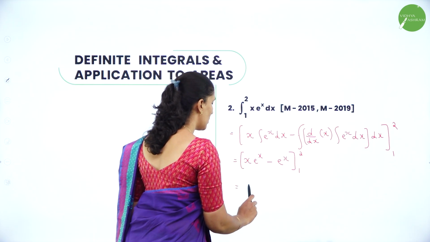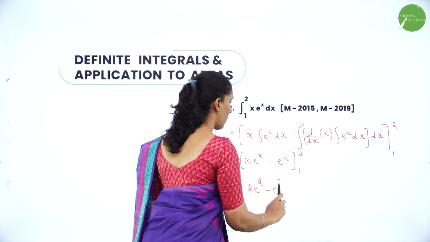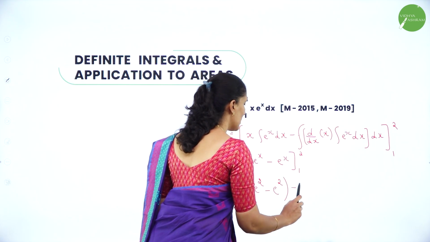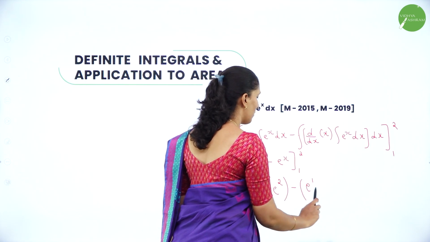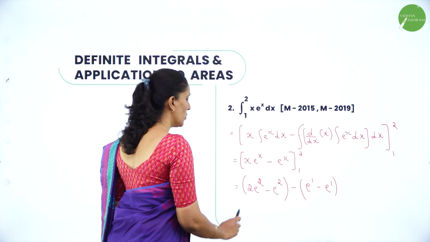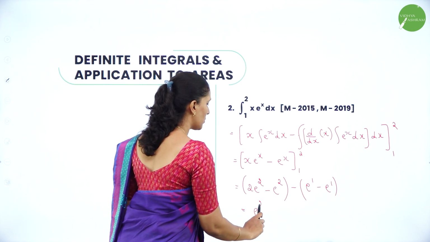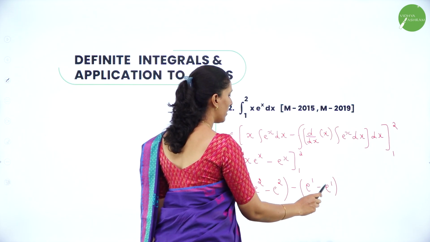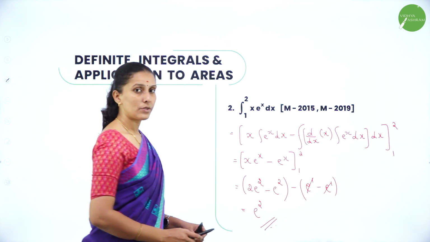So we'll get this as 2e square minus e square minus, let us apply the lower limit, 1 into e power 1 minus e power 1. So 2e square minus e square becomes e square. So here e power 1 and e power 1 cancel. So the value is e square.